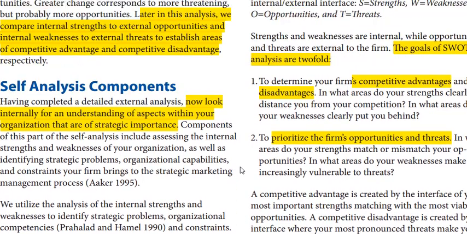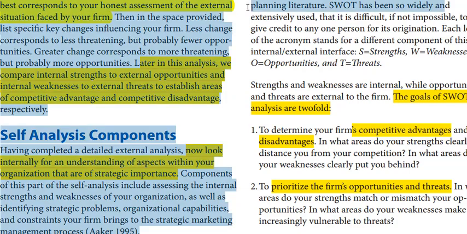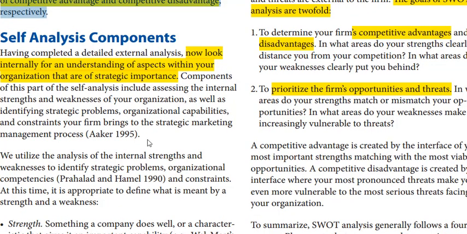So after the completion of table number 5, we will move on to self-analysis components. And this self-analysis component means internal strength of your organization as well as weaknesses. And these organizational capabilities will talk about how strategic marketing can be managed inside the organization.